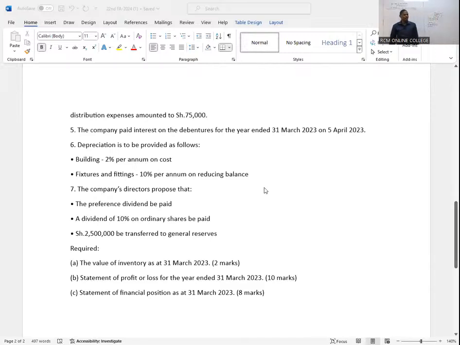Now take the final picture of that, so that I stop sharing, so that we can do that question. So are we done? Confirm whether you're done with taking the picture. I can see there are two who have just joined. For those who have just joined, Priska, confirm whether you've taken a picture of that. I want to go back to the trial balance for the sake of the two who have just joined. Priska, I'm waiting for you. Thank you.